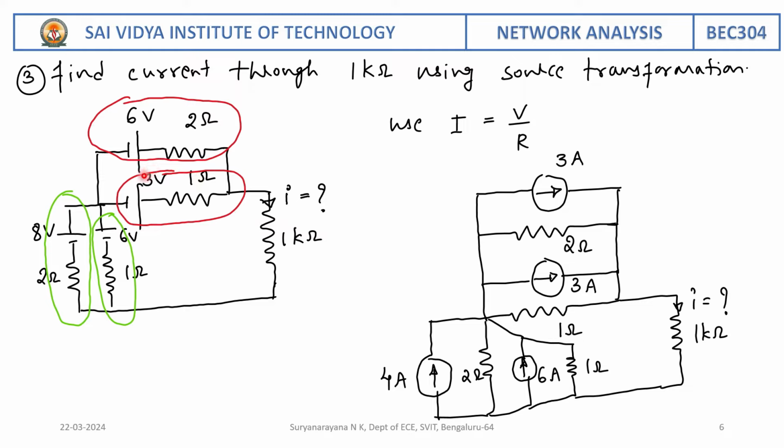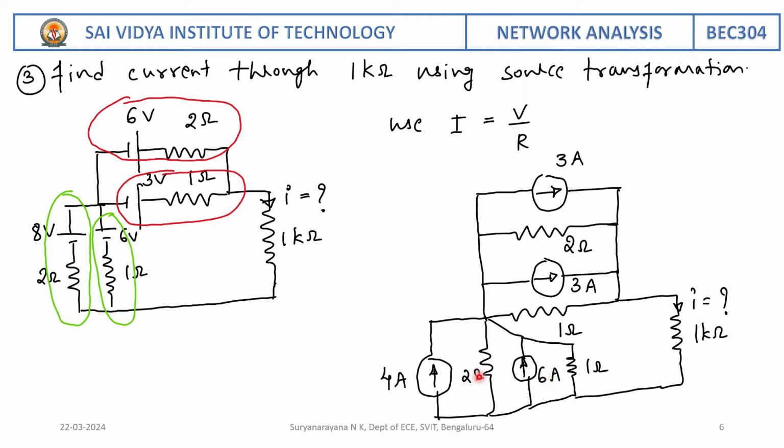Similarly, this 3 volts is to be converted into a current source. 3 by 1 ohm is nothing but 3 ampere in parallel with 1 ohm resistance. In a similar way, transform these two voltage sources into current sources. So 8 by 2 ohm is nothing but 4 amperes, 6 by 1 is nothing but 6 ampere.